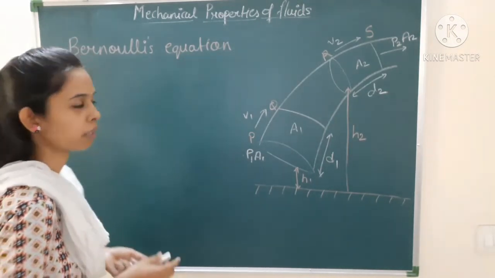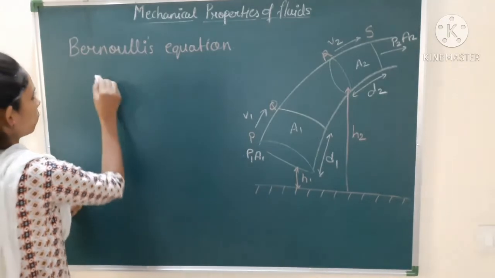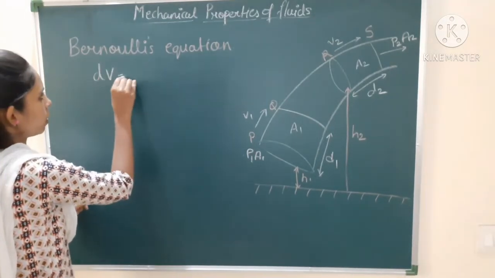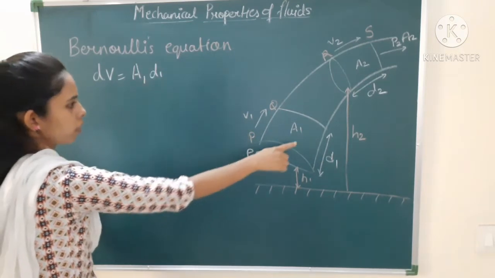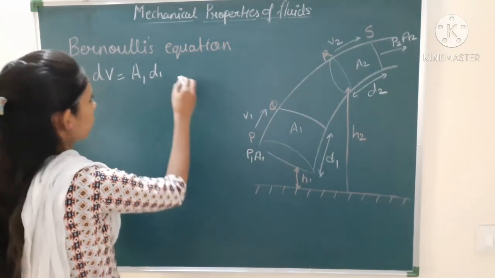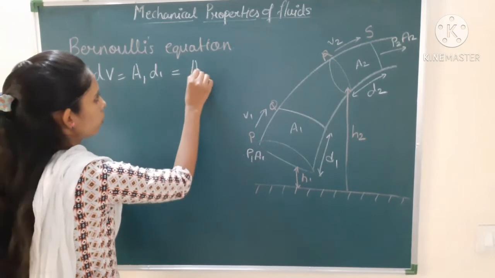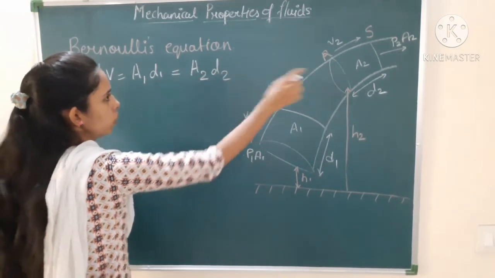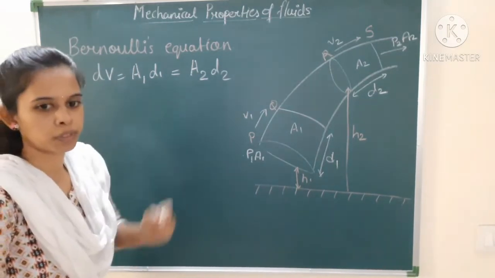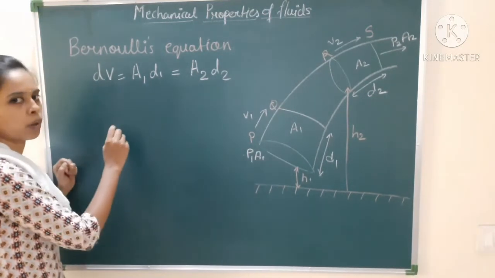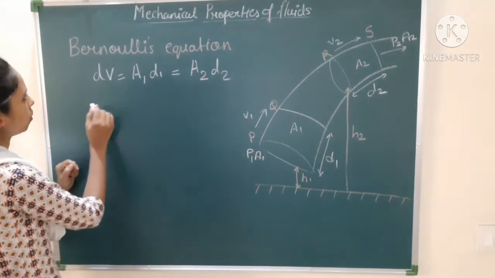First we are going to find out the volume. So dV is nothing but A1 D1 of the first section, lower part. Then it is also equal to A2 D2, the upper part. Okay, so this is the volume. Then next we are going to find out the work done.